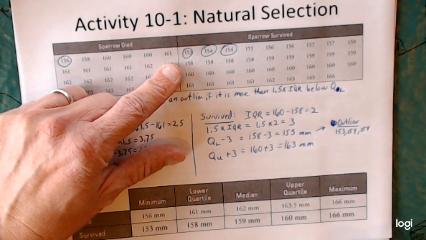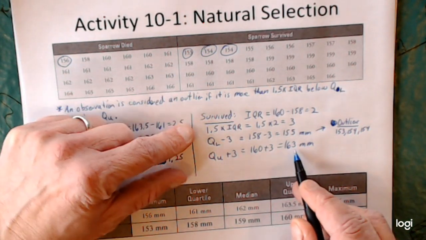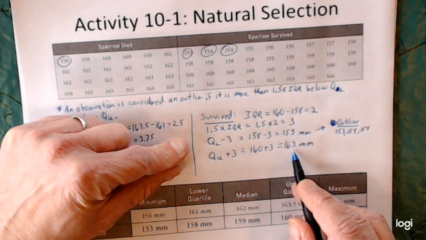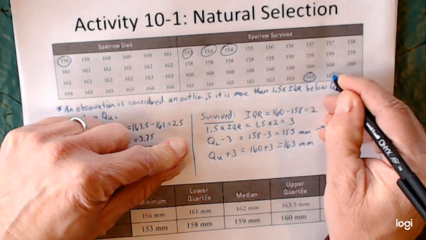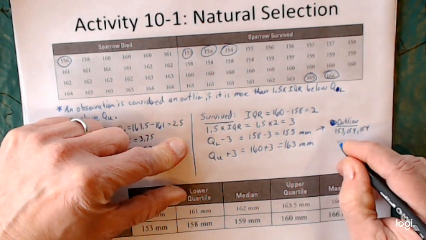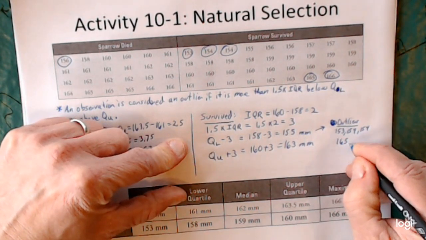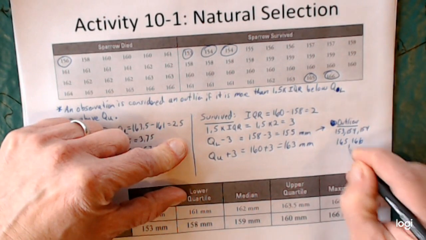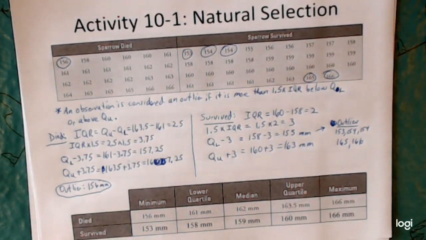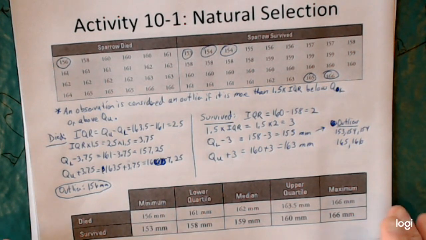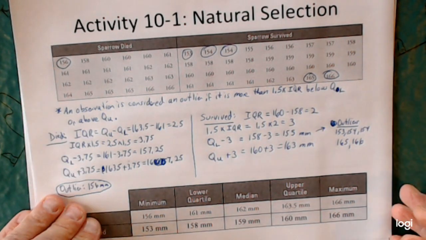Okay? And on the high side, anything above 163 is an outlier. So there's 2 of those as well. So among the sparrows that survived, we had a whole bunch of outliers: 3 on the low side and 2 on the high side.